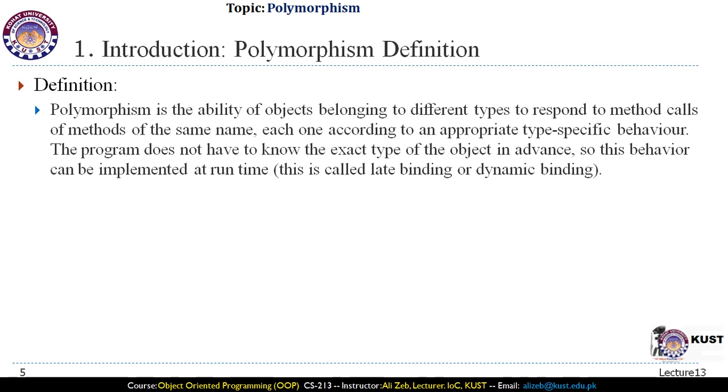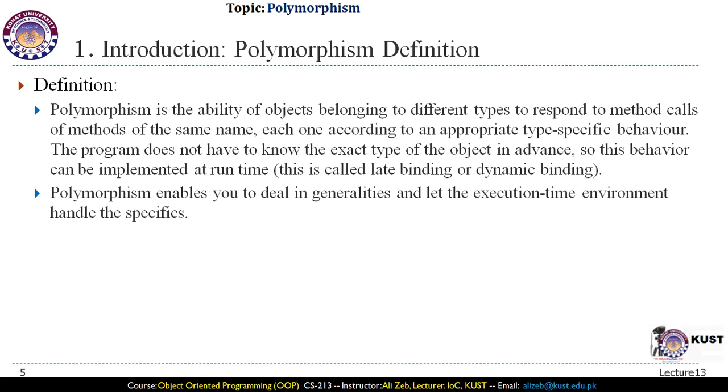That is something that is done at runtime. Polymorphism enables you to deal in generalities and let the execution time environment handle the specifics. The general details are defined earlier, and the specific things that our code needs to do are handled at runtime, or execution time.